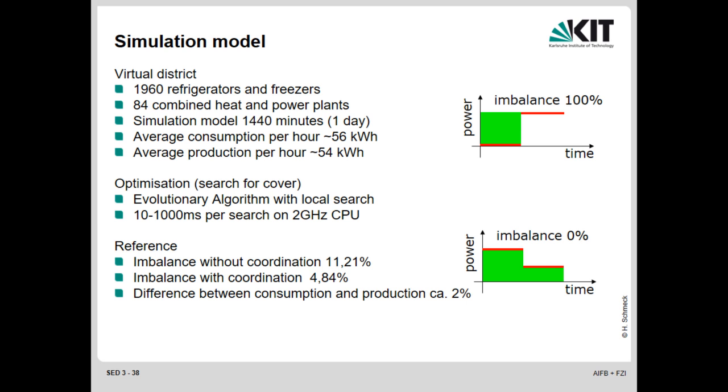And the difference between consumption and production was around 2%, so there is still some imbalance in there. But the optimization actually provides a better result, and can reduce the imbalance and the need for extra balancing power.